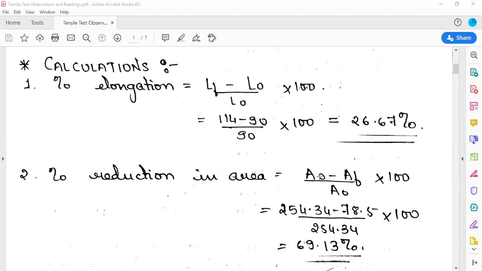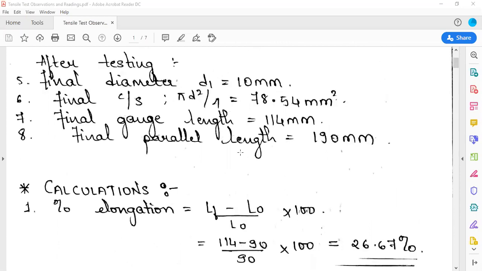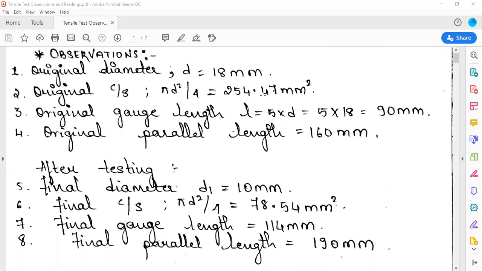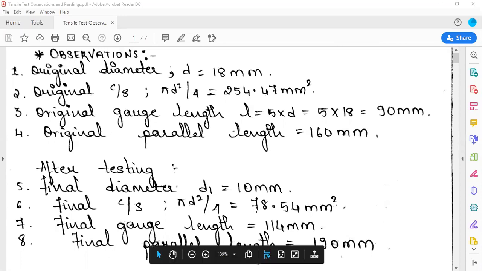To find out the change, first you have to know the original. Here the member is increasing its length, whereas the cross sectional area is reducing. Original cross sectional area will be more and the final cross sectional area will be less. Original minus final will give the change in cross sectional area, divided by original cross sectional area.